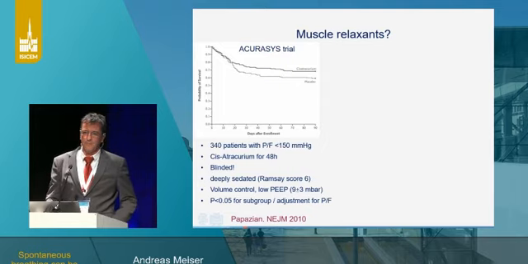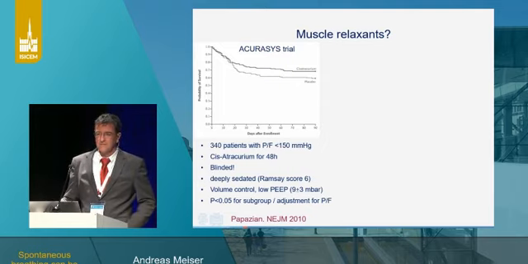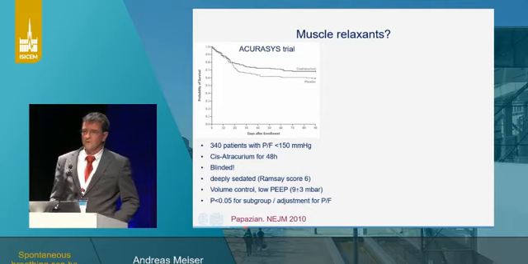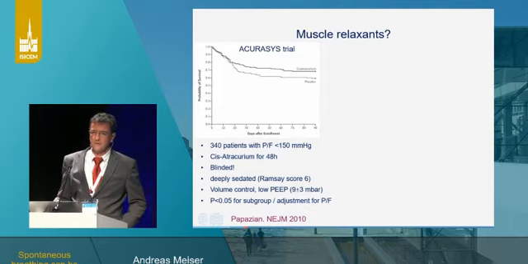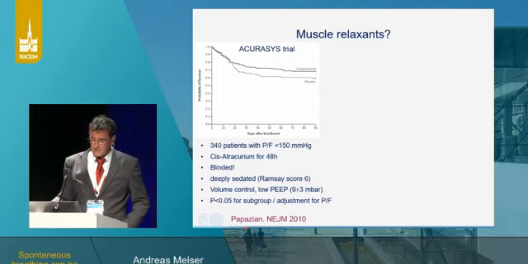This study was blinded. This means that the control group also had to be sedated deeply, down to a Ramsay score of 6. We know that deep sedation is no good. They also used volume-controlled mode, and I think mostly in European ICUs, volume-controlled, not pressure-controlled ventilation modes have taken over.